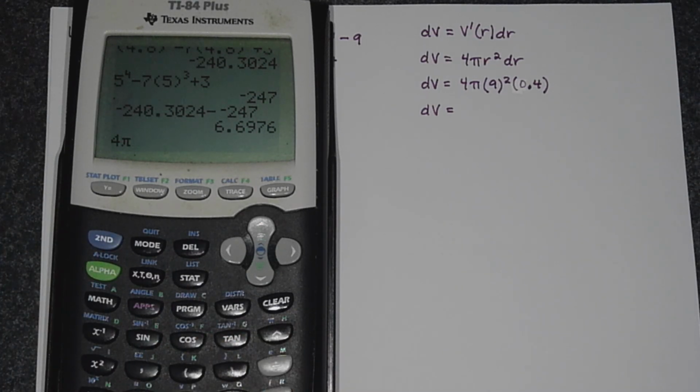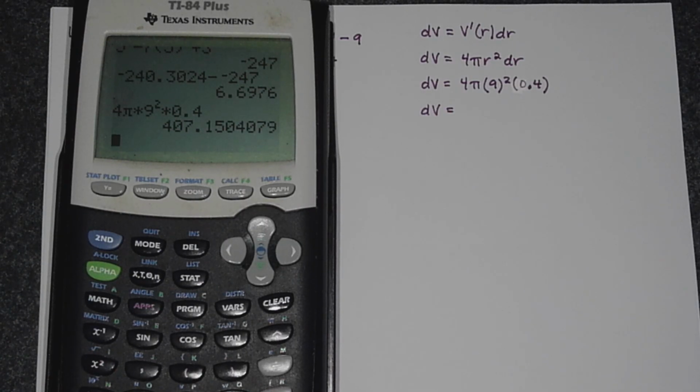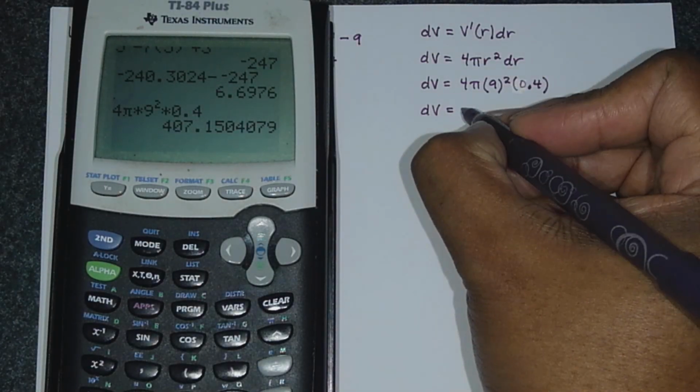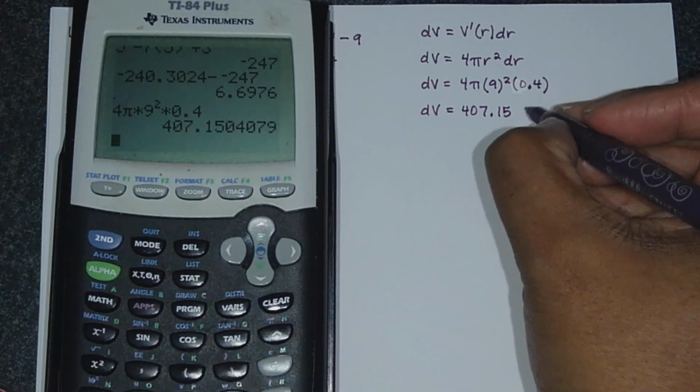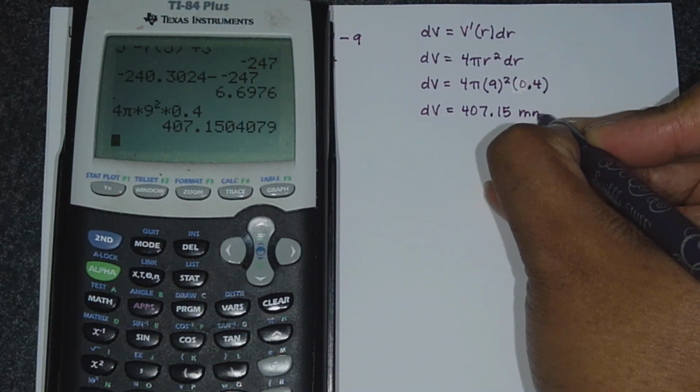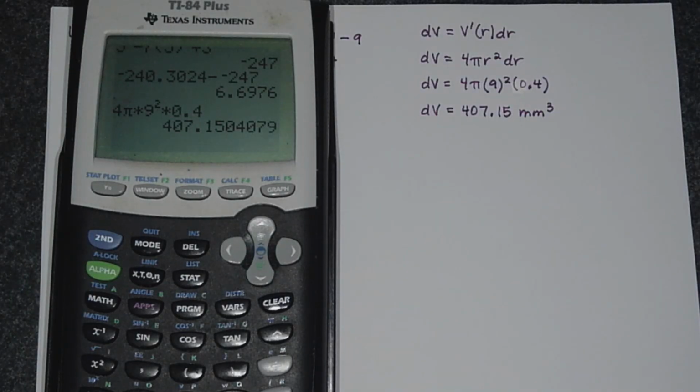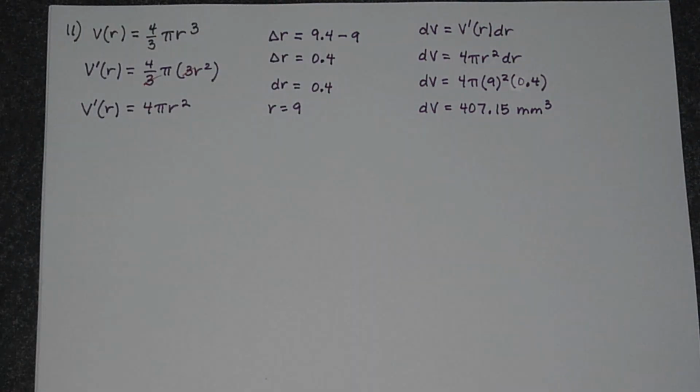And then times 9, and then you square it, times 0.4. And I'm going to round this to 2 decimal places, so this will be 407.15. And this is in cubic millimeters. Okay. So that's all there is for problem number 11.